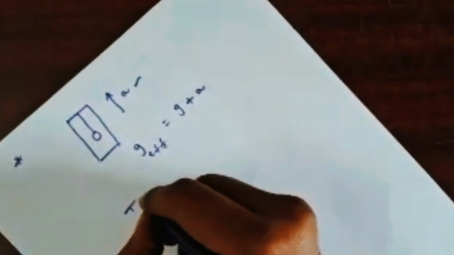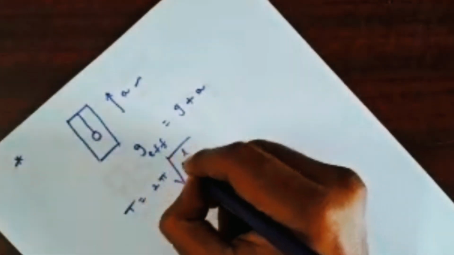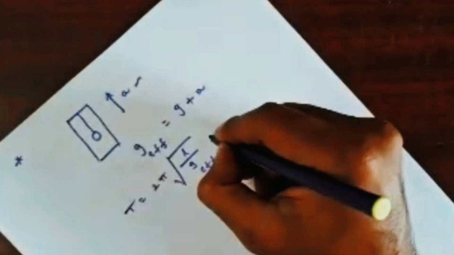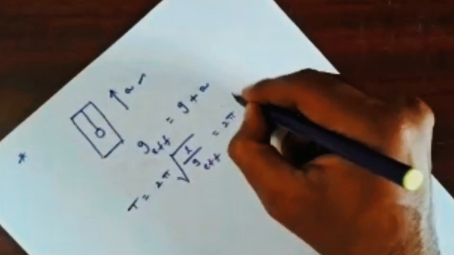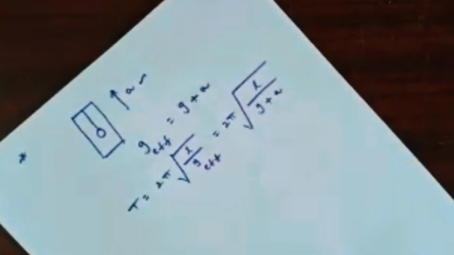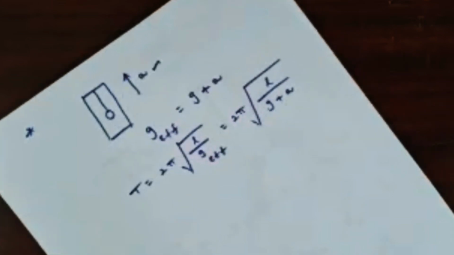With that, time period T is equal to 2 pi root over L by g effective, that is 2 pi root over L by g plus a.